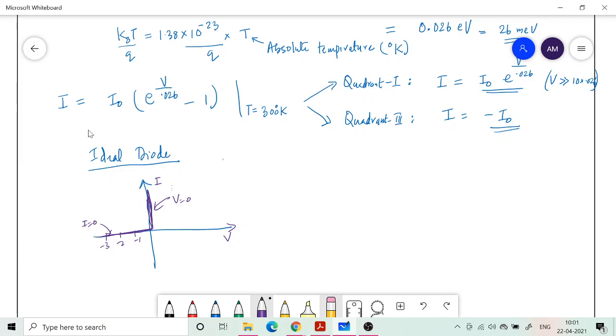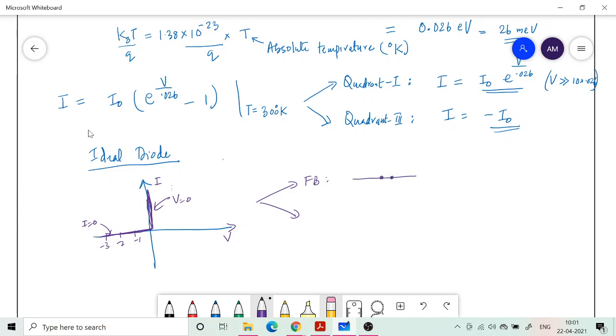So you can immediately find out the voltages and currents in a circuit. Here you can see if you try to apply a positive voltage, that is forward bias the diode, it can't take any volt. It is something like a short circuit. So when you have forward bias, it is like a short circuit.